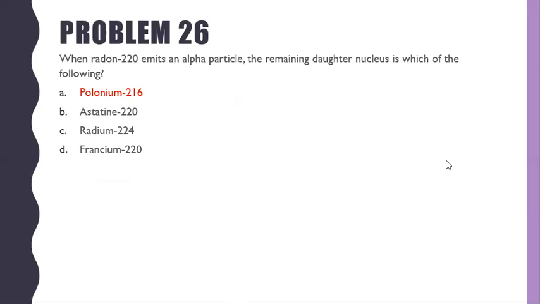All right, an alpha decay, what would I get? Well, you might say I need a periodic table to know what it's called, but you really don't. If I wrote radon, radon is Rn, and 220, and then I do an alpha decay, I know that what I'm going to get here is going to be 216.